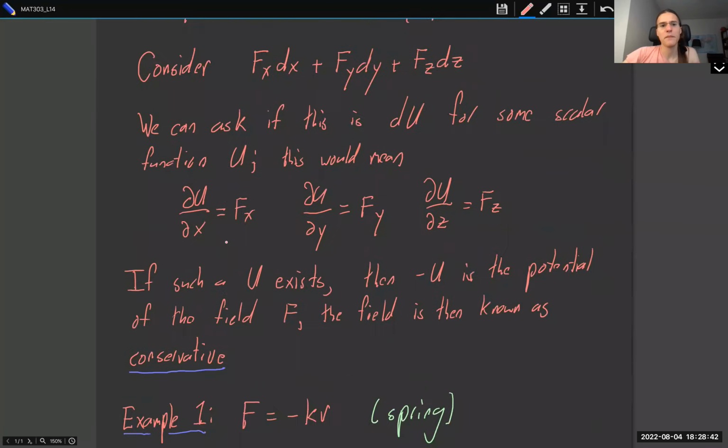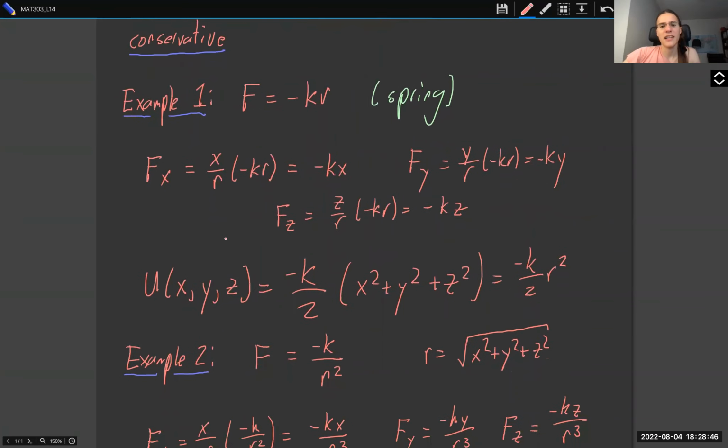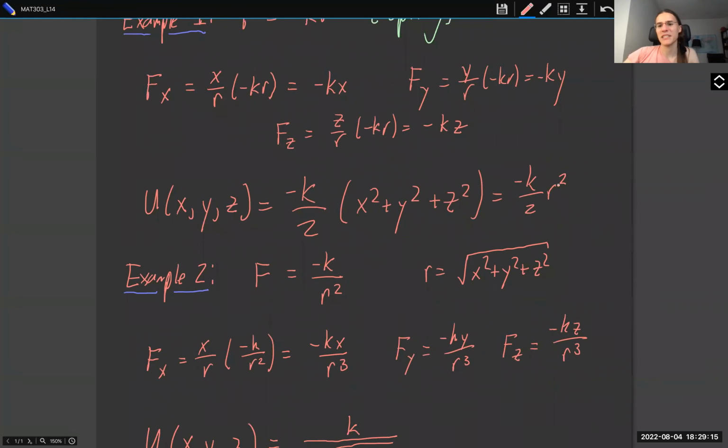Whereas in a spring, what happens is that the negative potential is positive. So negative U, the potential, is K over R squared. So the further you are away, the higher the potential energy you have, which is sort of clear. It's the same as before, except the exponent is different.